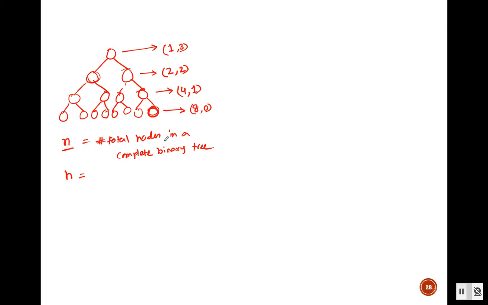This expression is n divided by 2 to the power h plus 1, and we take the upper bound.